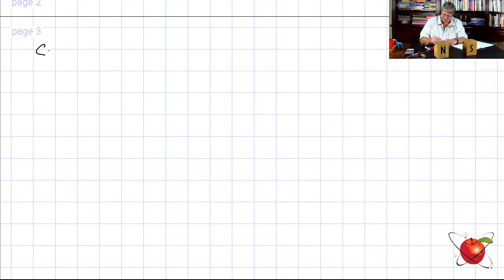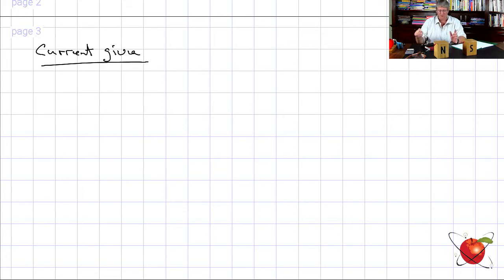Let's say current given. You will go and you'll look, the current is given, so therefore find the plus and the minus brush. Right? And you can answer the questions from that. So 2 out of the 3 will always be given to you.